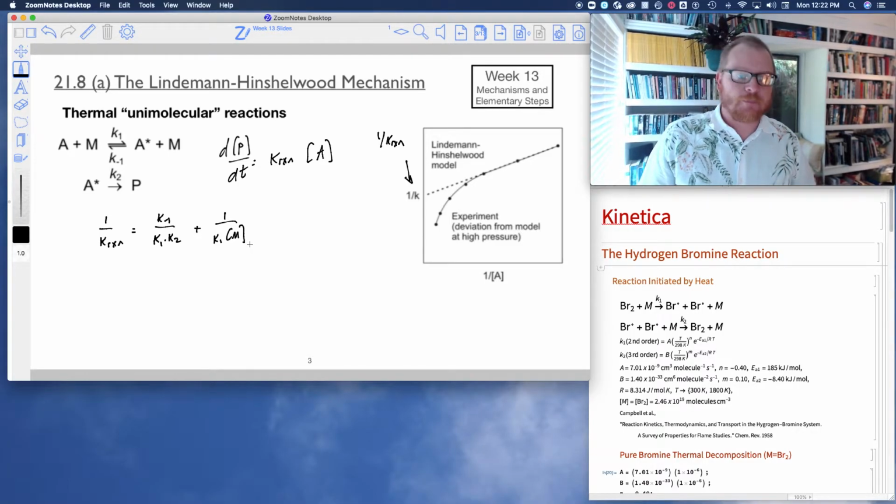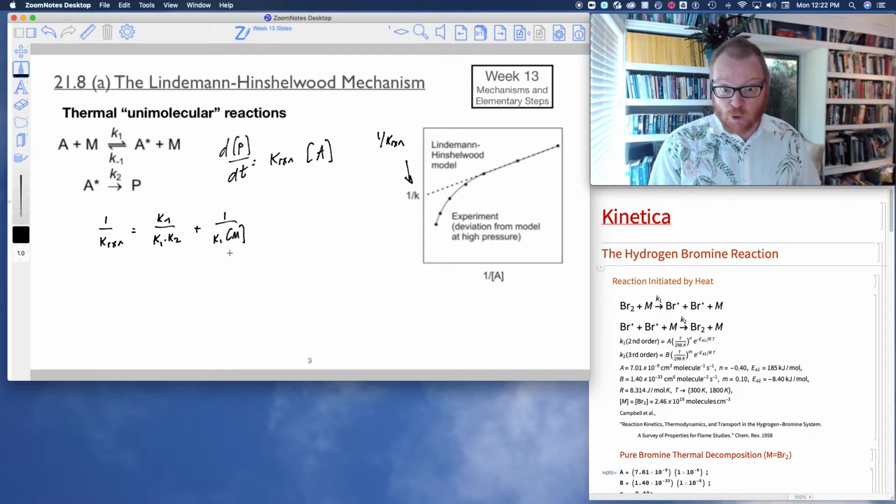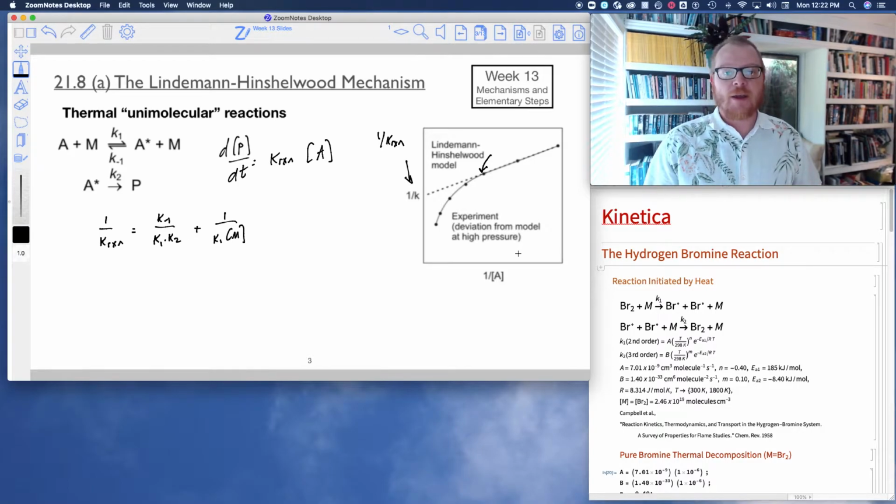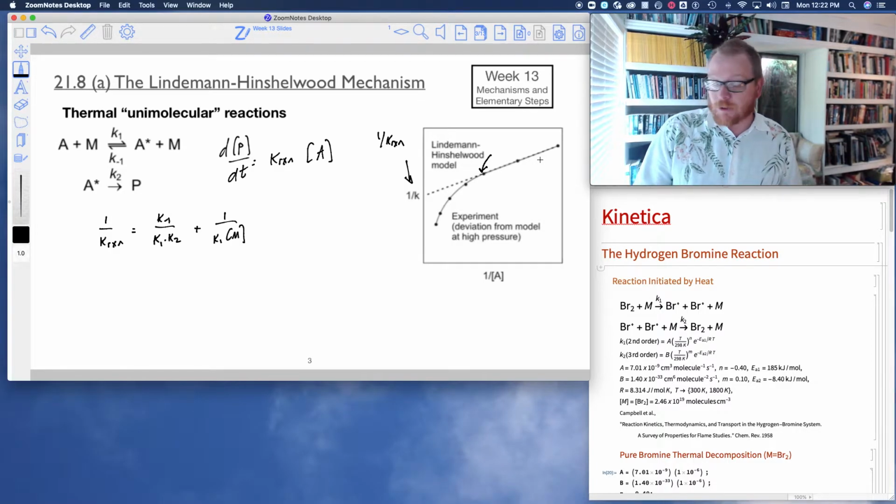And so what this means is you can tease out at what point the reaction deviates, because 1 over K versus 1 over concentration should give you a straight line for the proper Lindemann-Hinshelwood model.